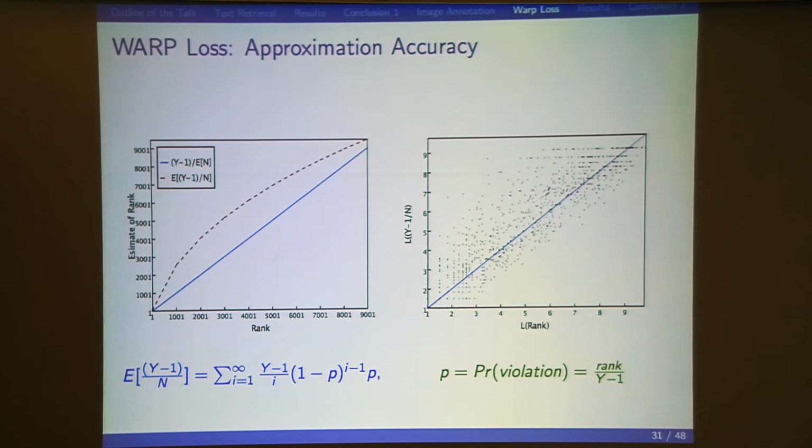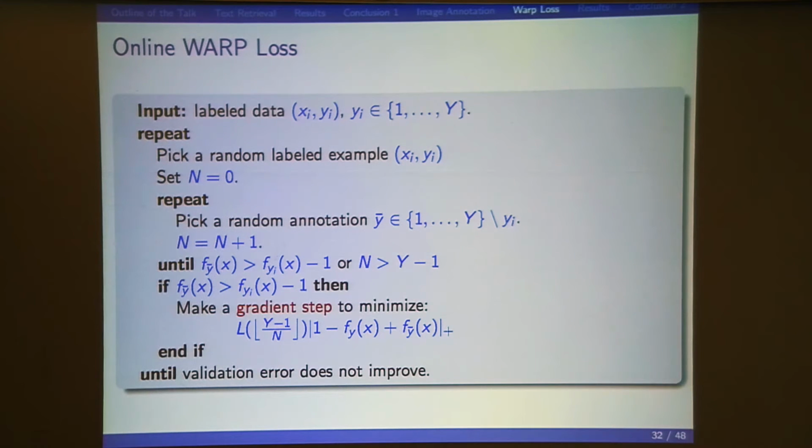But it turns out that it works okay. Then that's the pseudocode of the algorithm. I basically just said it all, so I don't know if I need to go through it.